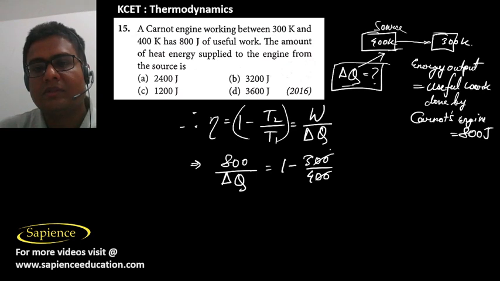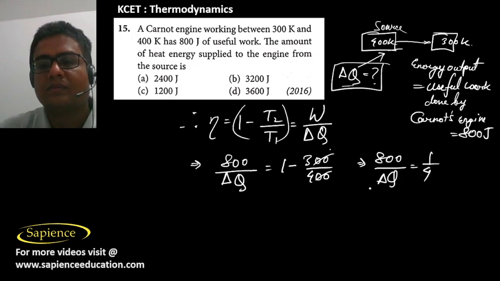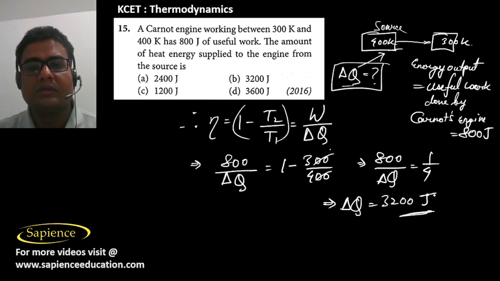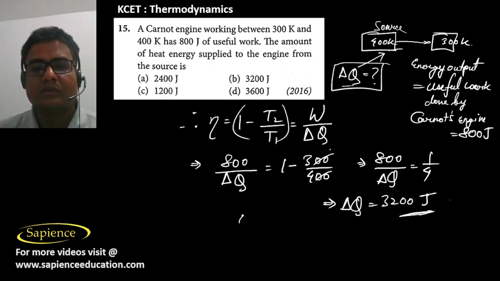So that is 1 minus 3 by 4, that is 1 by 4. So 800 by delta Q is equal to 1 by 4. So delta Q will be equal to 800 into 4, that is 3200 joule. So 3200 joule is the required amount of heat energy supplied to the engine from the source. So option B is the correct answer.